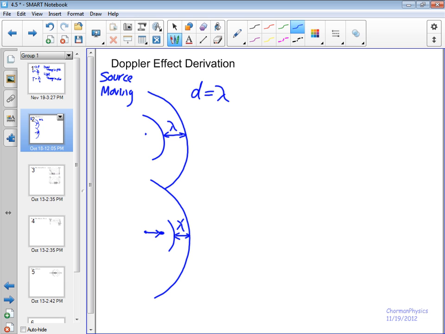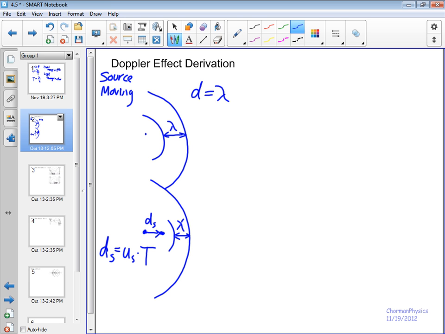And the distance that the source has moved we'll call d sub s, and d sub s is going to be equal to the speed of the source, u sub s, times the period, which is the time in between which we'll be emitting waves. So again, the distance the source has traveled is how fast it's traveling times the period. And that's how far it's traveled between each time it has emitted a wavefront.